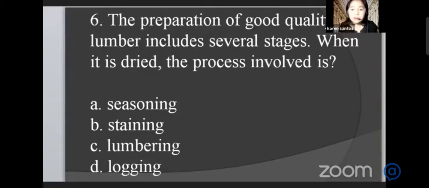So the preparation of good quality lumber includes several stages. When it is dry, the process involved is A, seasoning; B, staining; C, lumbering; D, logging.